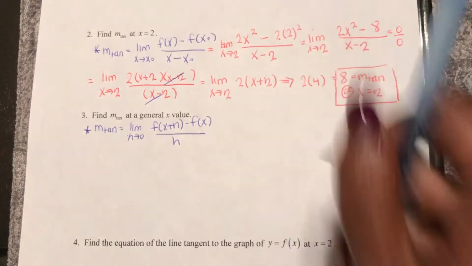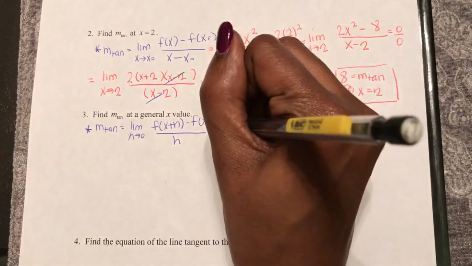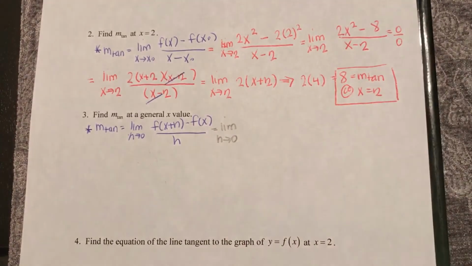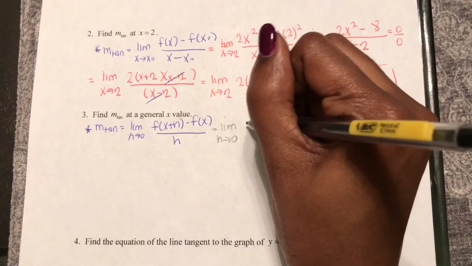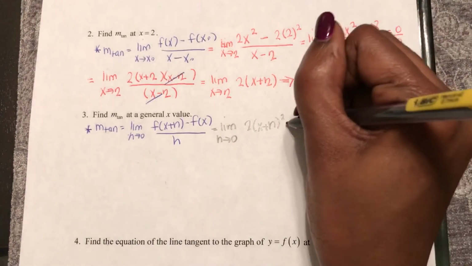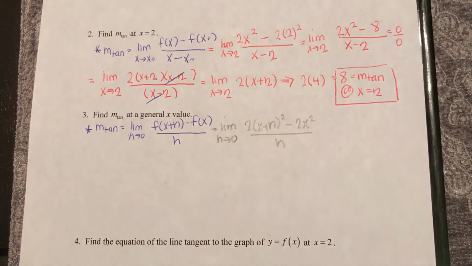So for this function, that becomes the limit as h approaches 0 of f of x plus h, which is 2 times x plus h squared, minus f of x, which is 2x squared, all over h.